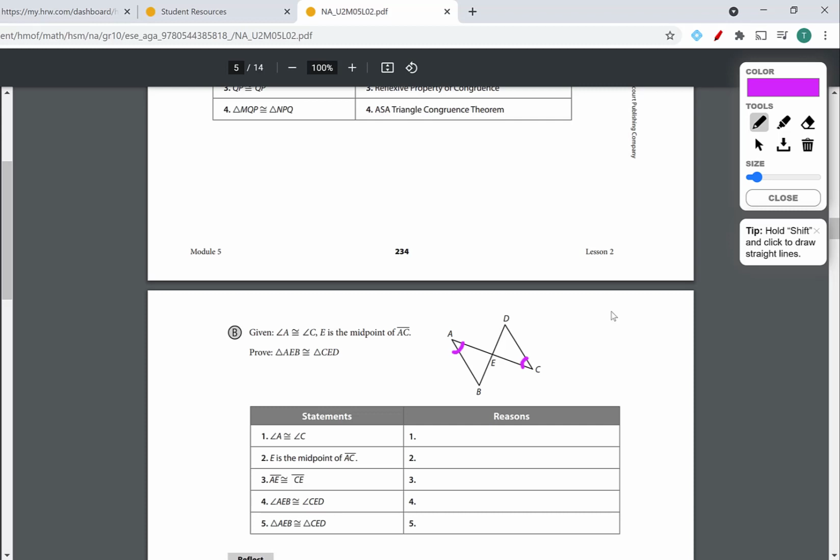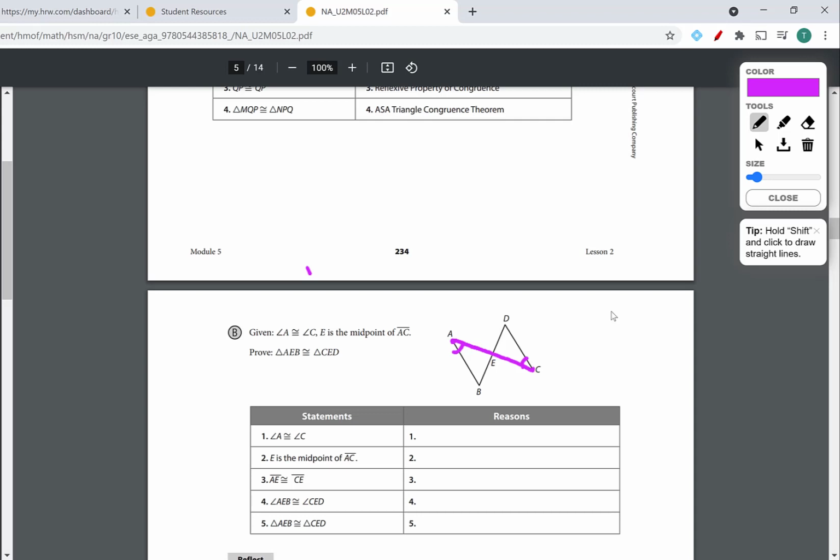They also tell us E is the midpoint of segment AC. So you have segment AC. It's kind of, you can't really call it a transversal, but it's kind of like a transversal as it's a part of angle A and a part of angle C. We want to prove that these two triangles are congruent.